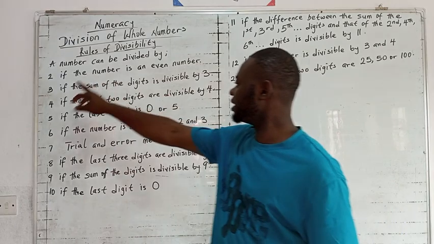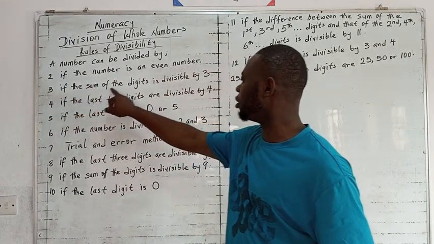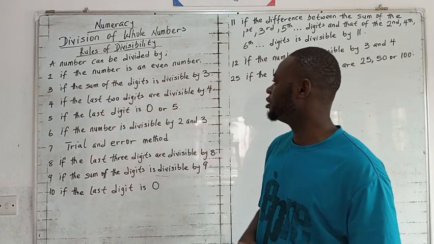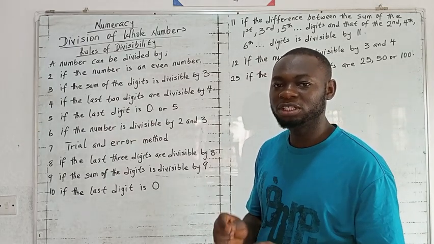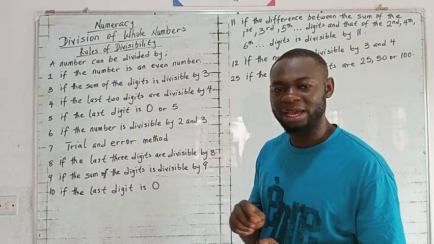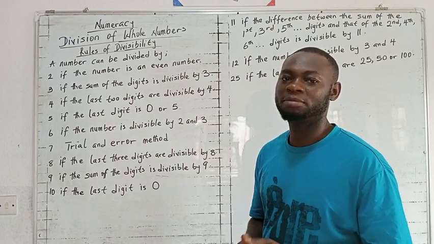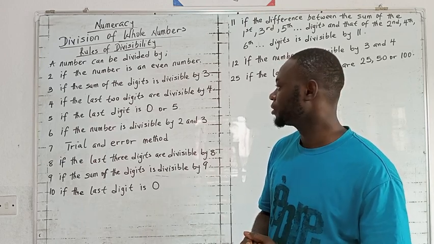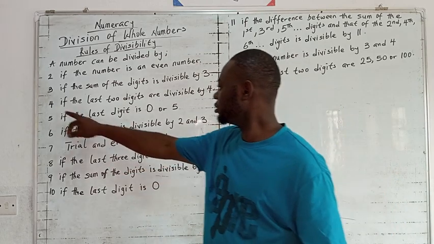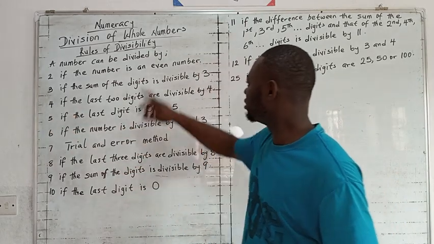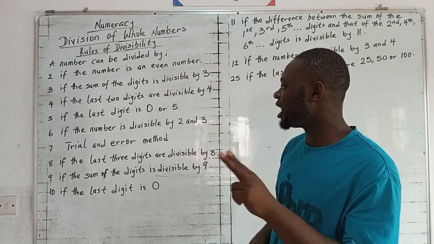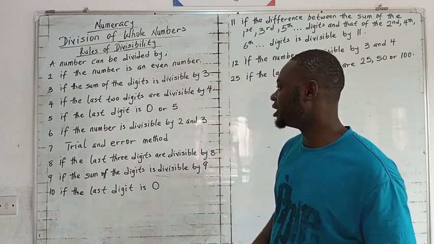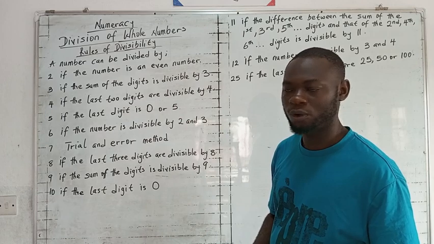Now a number can be divided by 3 if the sum of the digits is divisible by 3. If the sum of the digits of that number is divisible by 3, then that number can be divided by 3. Then the fourth one, divisibility by 4, says that a number can be divided by 4 if the last 2 digits are divisible by 4.